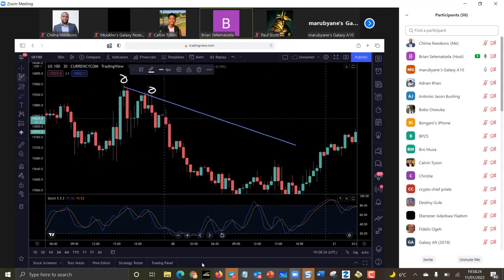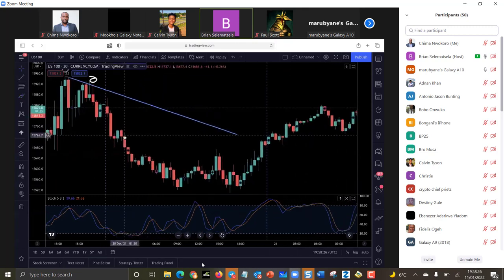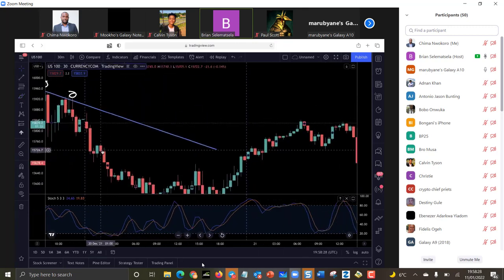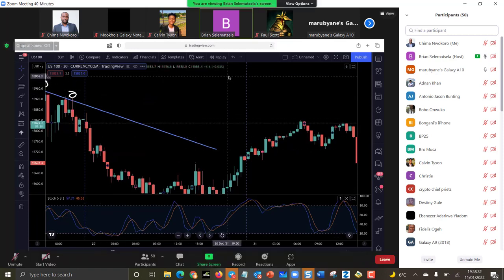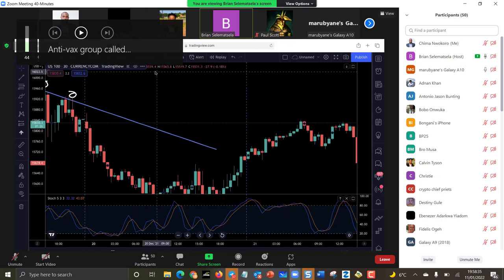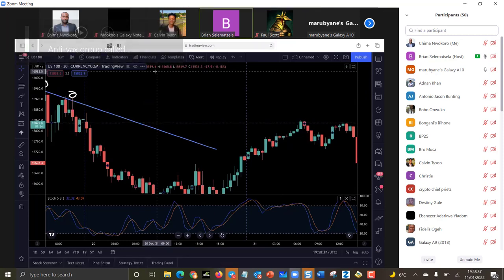Now if we use this method to draw a first layer line, you find a situation where the first layer line is broken, but it is a false breakout.